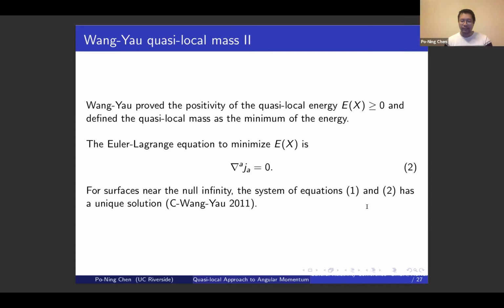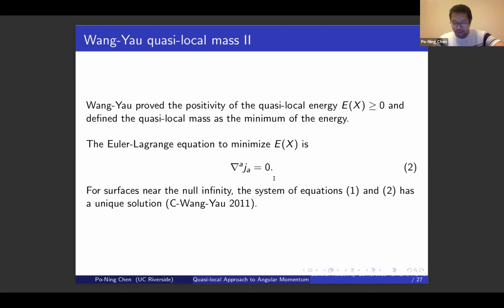This is studied in our joint work to evaluate the limit of the Wang-Yau quasi-local mass at null infinity, which we show recovers the Bondi mass. And there is also additional work as to, even if the surface is not close to infinity, what other conditions can guarantee the existence and uniqueness of solutions to the system?